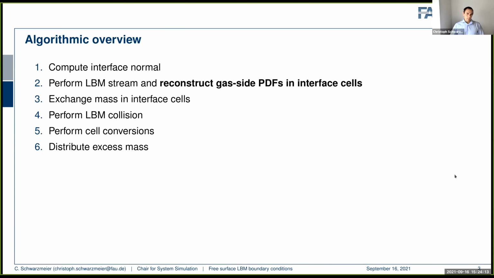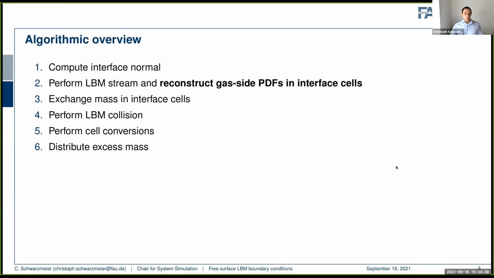Algorithmically, you can say that a very, very simple version of the free surface lattice Boltzmann method could look the following. First of all, we compute the interface normal, so the surface interface normal, because we need it in the second step, which is, first of all, the LBM streaming step. But second of all, we also need to reconstruct those PDFs that are coming from the gas side and streaming into the interface cells, because as I said, we do not have gas side PDFs.